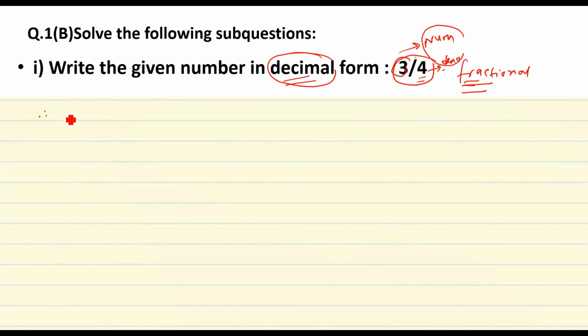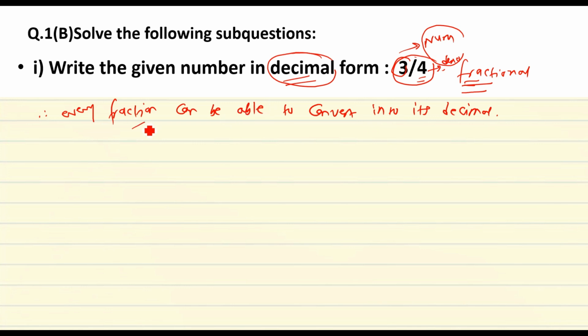So we should know that every fraction can be converted into its decimal form. So if it is a fraction, then its decimal form exists.